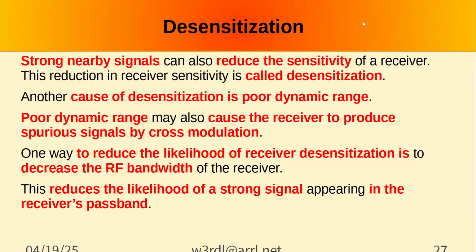Essentially, desensitization is where you have a strong signal and it's actually sort of overloading, and it reduces the sensitivity of the receiver for other signals. So one of the reasons is poor dynamic range. The wider your dynamic range, the less that effect is going to be.